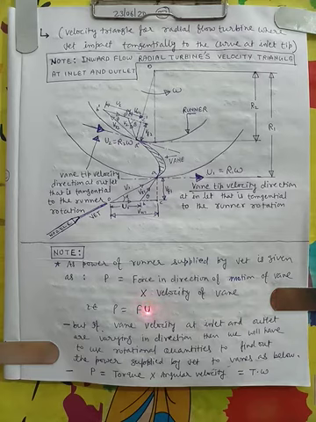In axial flow turbine, U1 is equal to U2, and in tangential flow turbine, U1 is equal to U2. So this relation can be used if inlet and outlet velocity of vane tip is same.